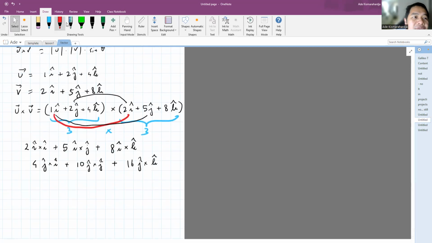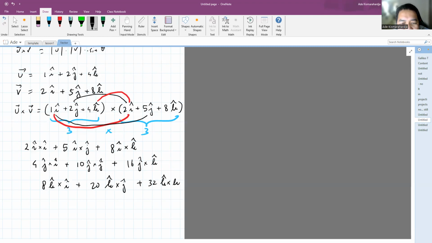And we will now do the next one, which is between this 4k and 2i. So what is that? 8k cross i, plus 20k cross j, and then plus 32k cross k.